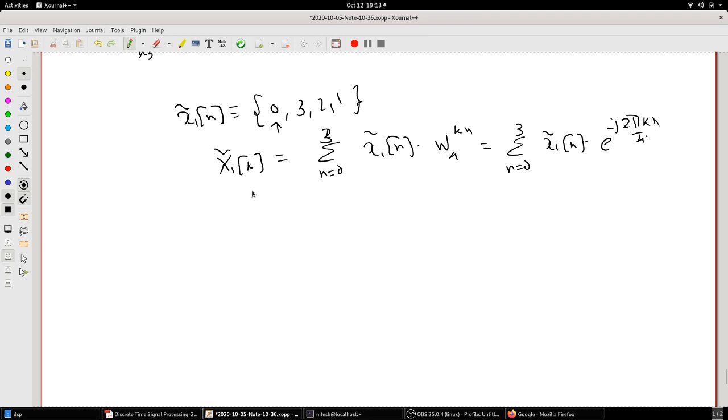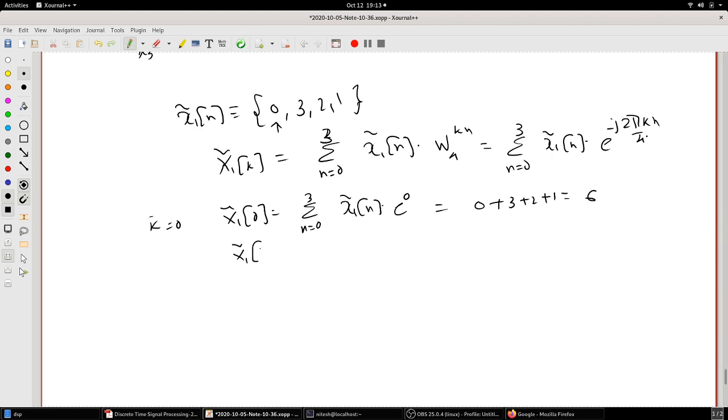Okay, so now let's start with this. K equal to 0, x1 tilde of 0 becomes summation n equal to 0 to 3 x1 tilde of n into e raised to 0. So that's equal to 0 plus 3 plus 2 plus 1, so that is equal to 6.